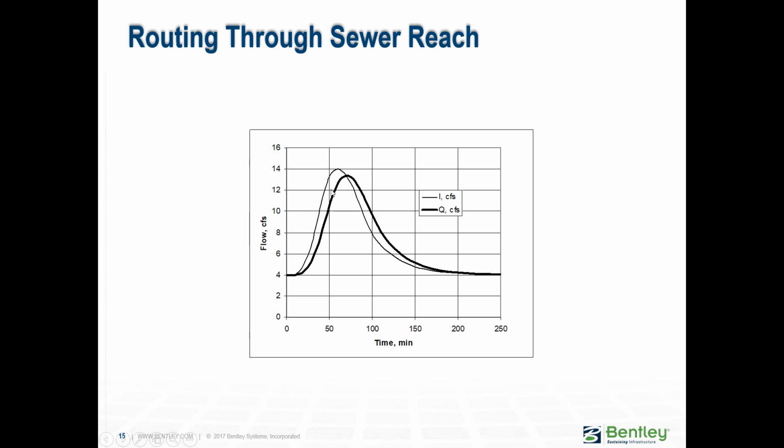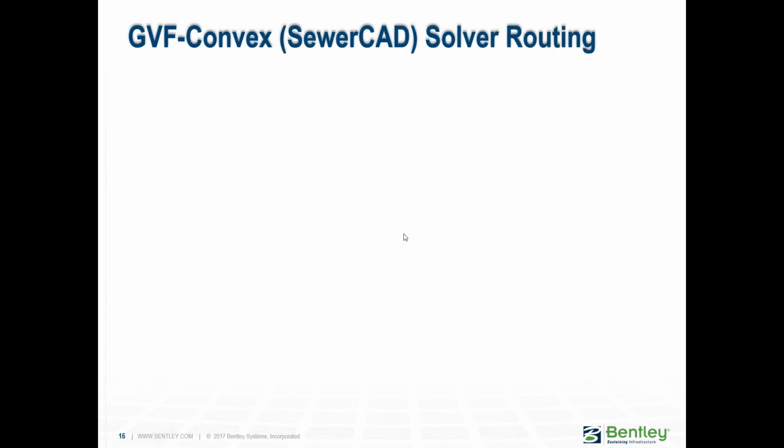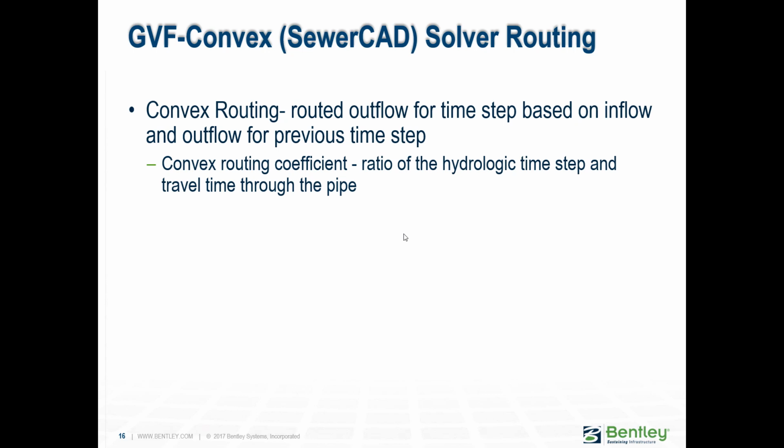So the total volume under these two graphs is the same, but the shape of the hydrograph has changed. And that's because of the attenuation we were talking about, right? Because it takes time to get there. So the farther you move, the more attenuation you're going to find.